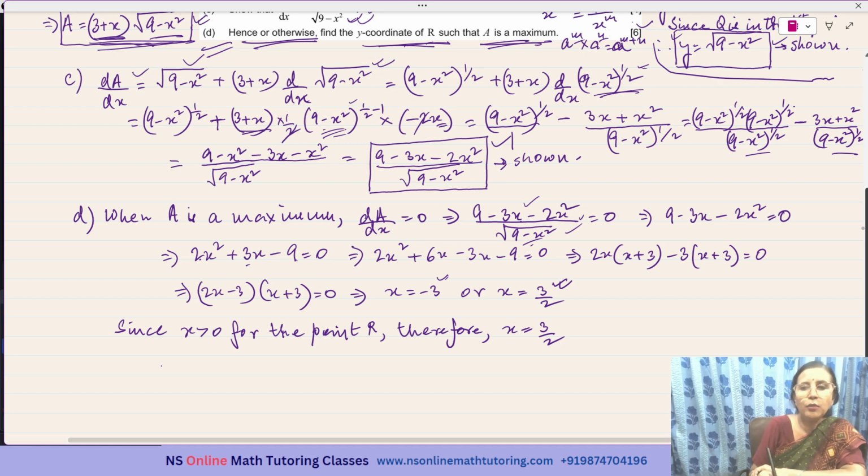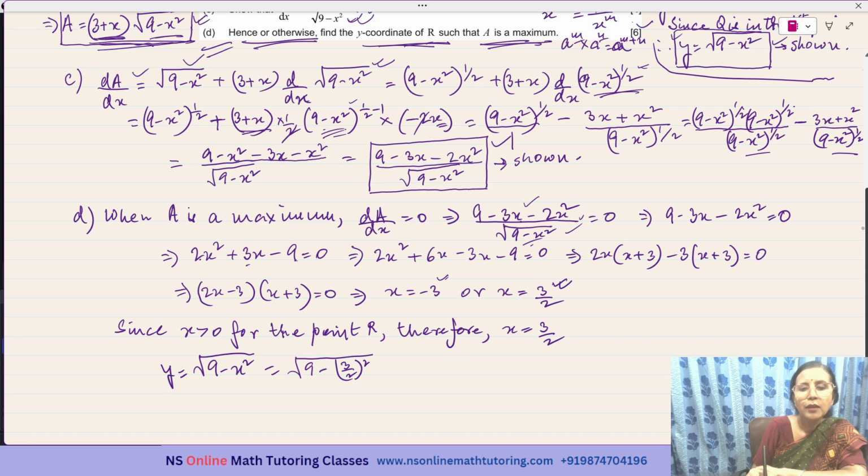So y equal to square root of 9 minus x squared equal to square root of 9 minus 3 over 2 whole square equal to square root of 9 minus 9 over 4, okay, equal to square root of 36 minus 9 over 4 equal to square root of 27 over 4.